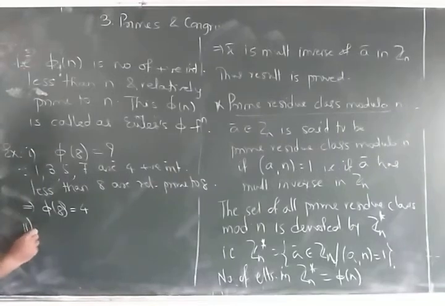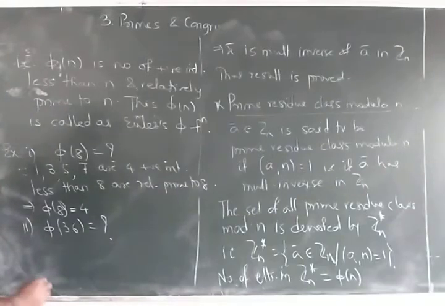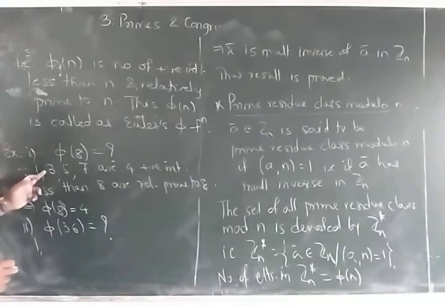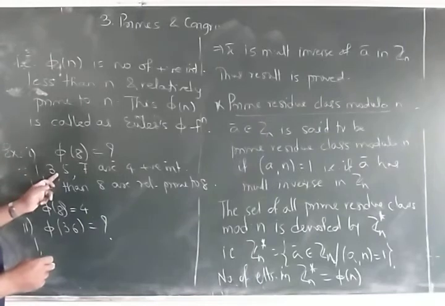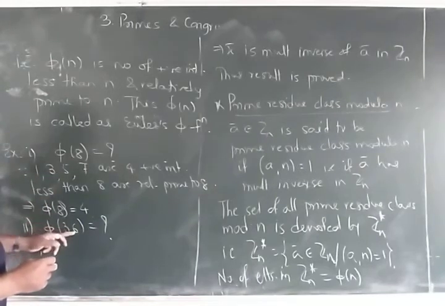Second, phi of say 36 equal to what? GCD of 1 with 36 is 1. 2, 3, 4 are not relatively prime to 36.